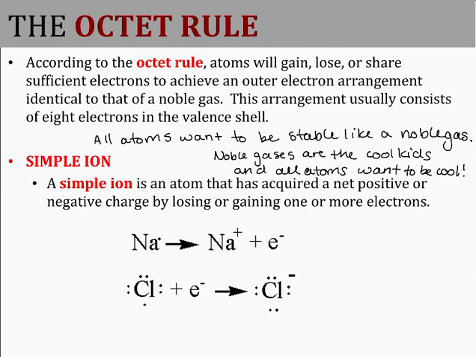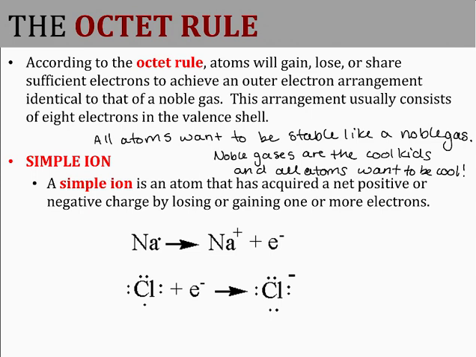So having 8 valence electrons is the cool new fad that all of the atoms want to follow. But in chemistry terms, we said noble gases are really stable because all of their electrons are paired up, they're happy. So all of the other atoms want 8 valence electrons so that they can also be stable and happy.